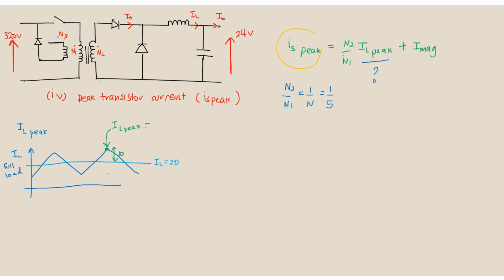So IL peak will be 20 plus 10, you get 30. Good, you already know your IL peak.